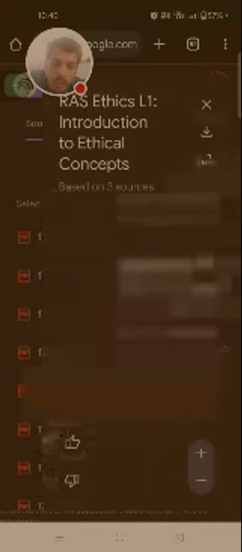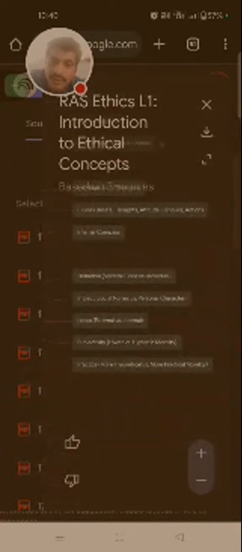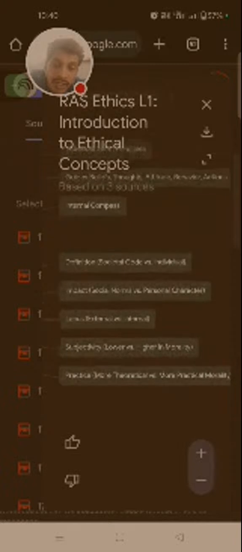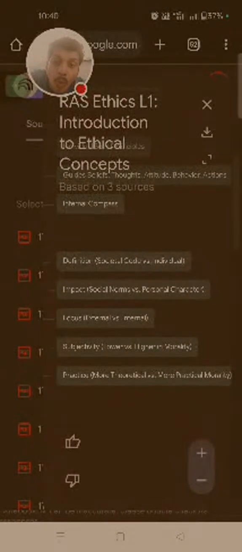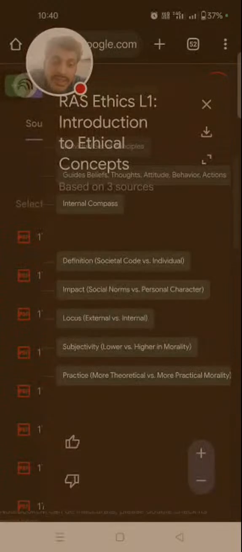On definition, ethics is related to a societal code, and morality is individual in nature. On impact, ethics impacts the whole society and societal norms, but morality is in personal character. Then what is the locus?